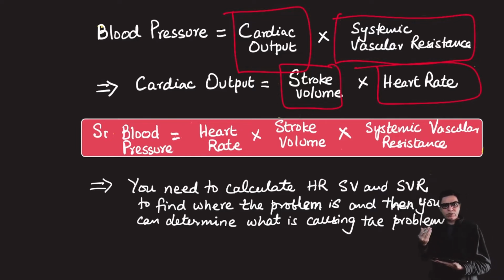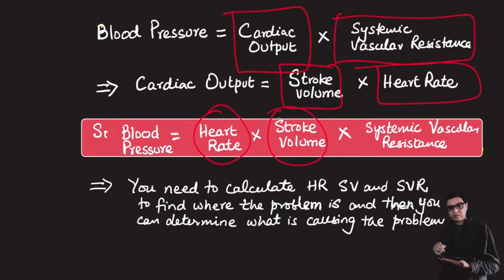That would be cardiac output. So if we rewrite this equation, we replace the cardiac output by its further factors, heart rate and stroke volume. So the basic equation would read that blood pressure is equal to the product of heart rate, stroke volume and systemic vascular resistance.